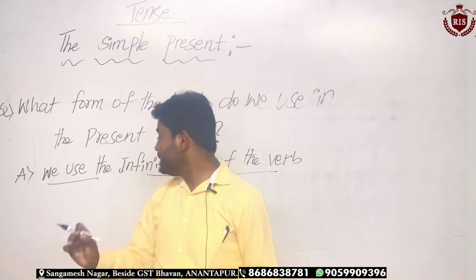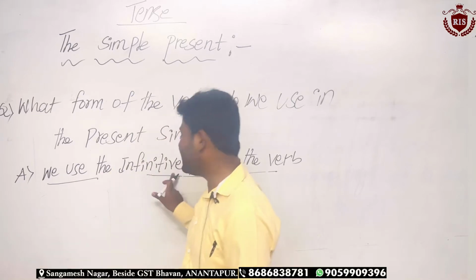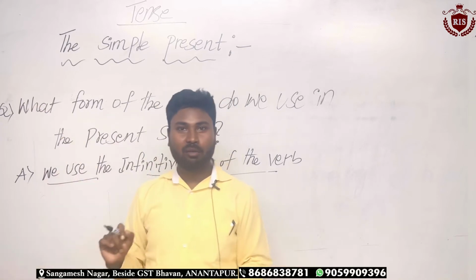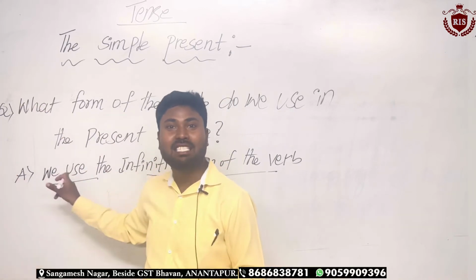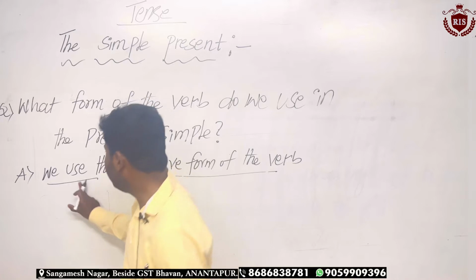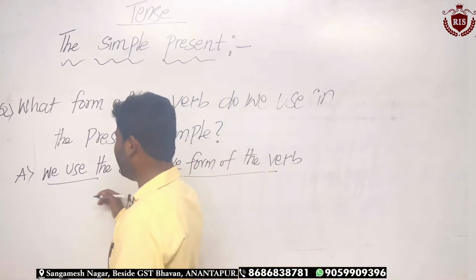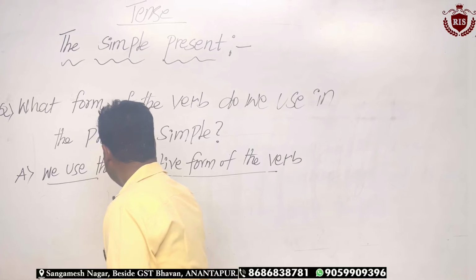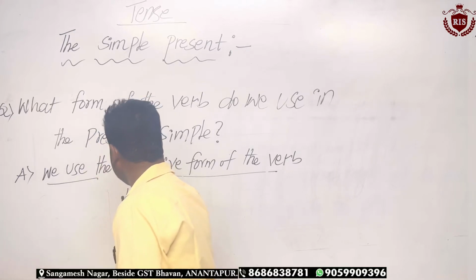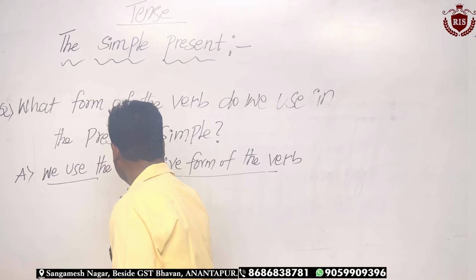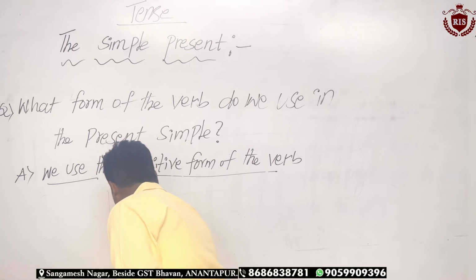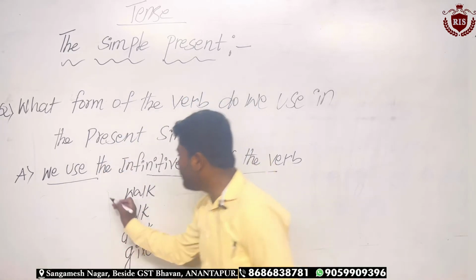I hope everyone has understood from our previous video what is an infinitive form of the verb. That is the base form of the verb, the first form, V1, that we use in the present simple. Let us write some examples of it like walk, talk, drink, give.